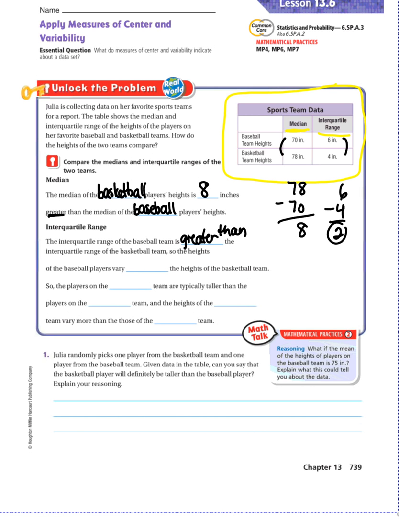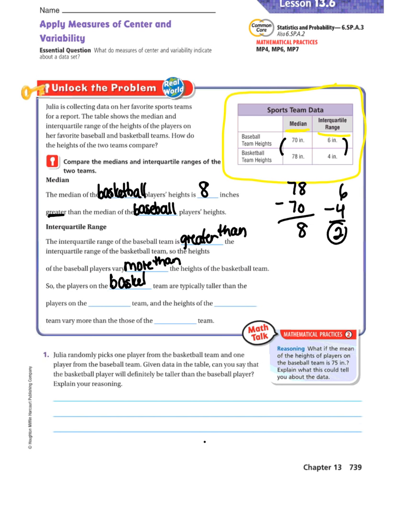The interquartile range of the baseball team is greater than the interquartile range of the basketball team, so the heights of the baseball players vary more than the heights of the basketball team. So the players on the basketball team are typically taller than the players on the baseball team.